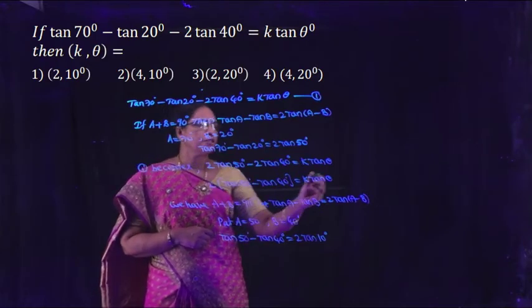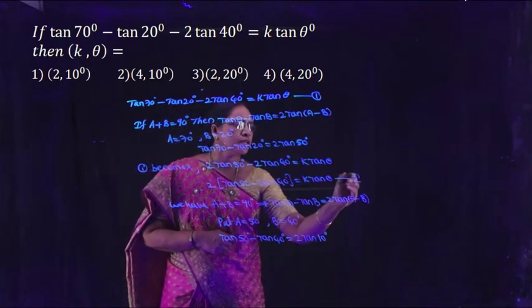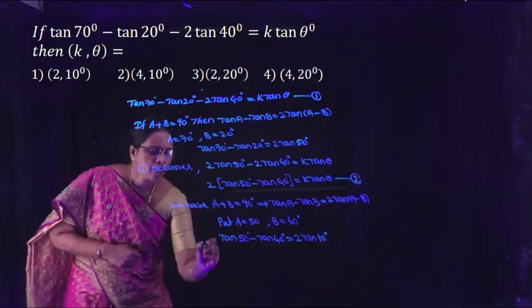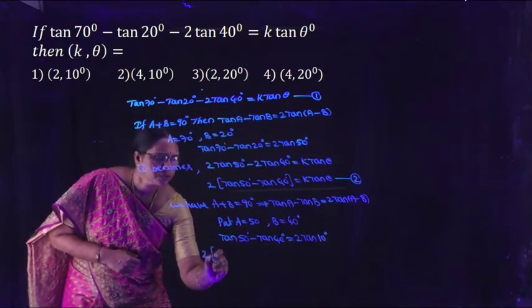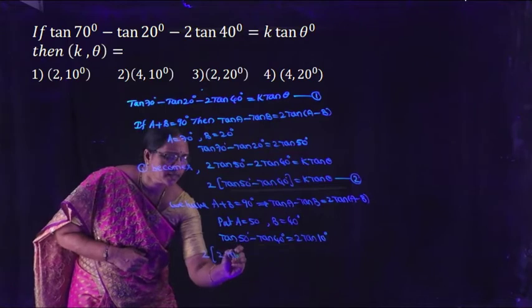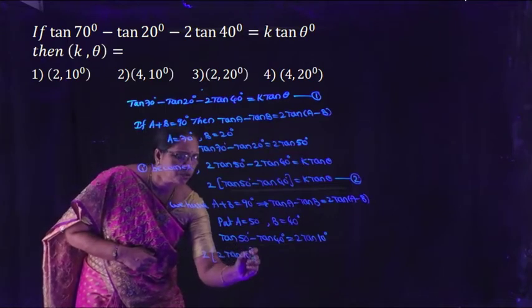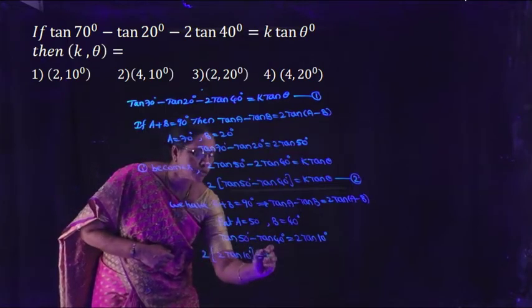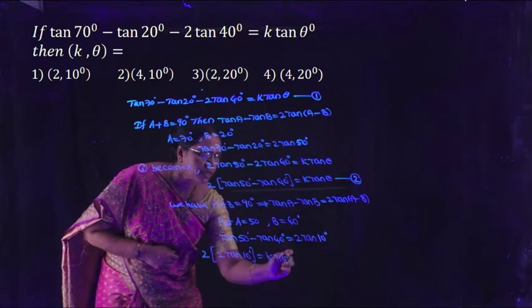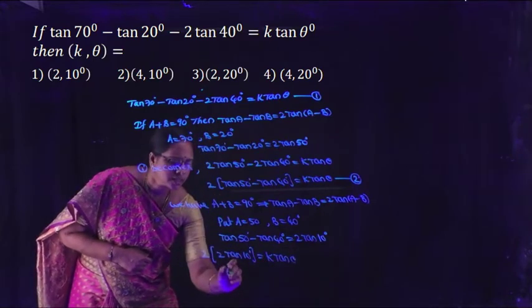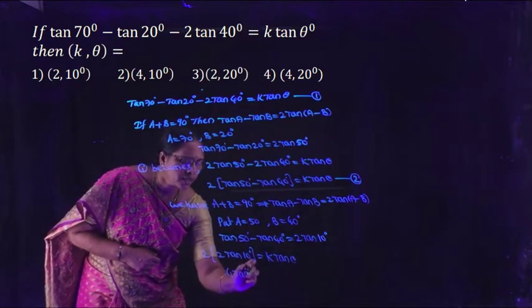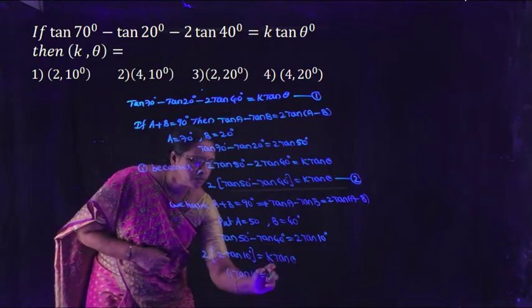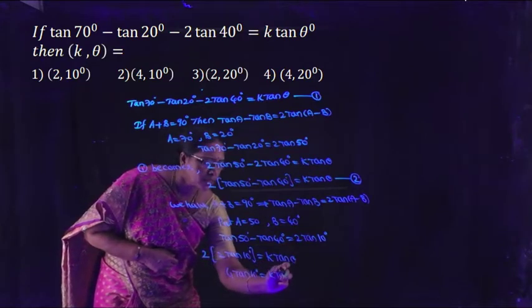By substituting this in equation 2, we have 2 into 2 tan 10 degree is equal to k into tan theta, that is 4 into tan 10 degree is equal to k into tan theta.